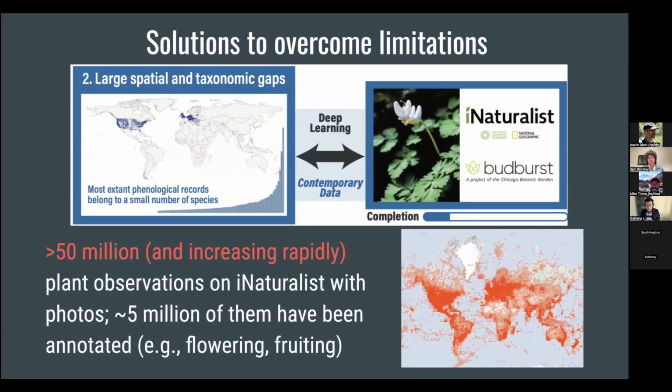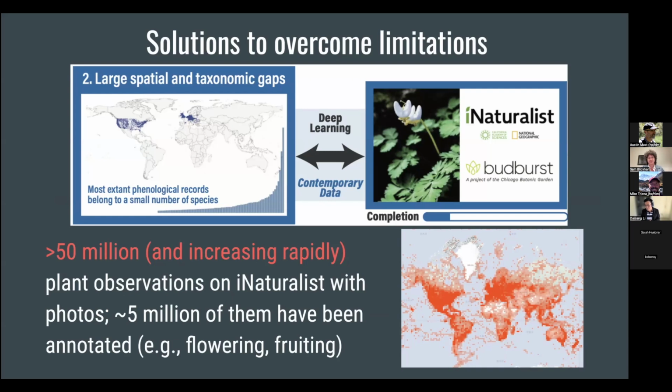And for the second limitation, I think iNaturalist or other citizen science or community science programs have the data there, right? If I upload a plant image, very likely it has information about leaf or flower or fruit.